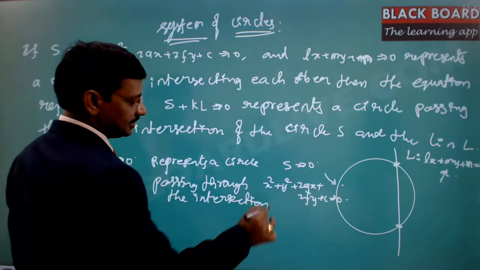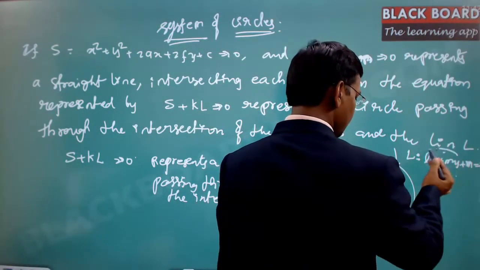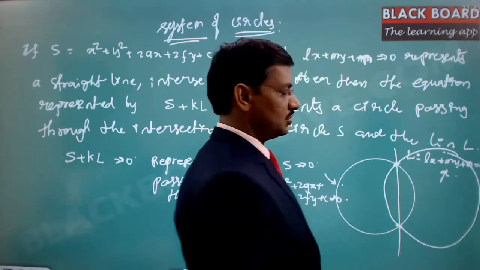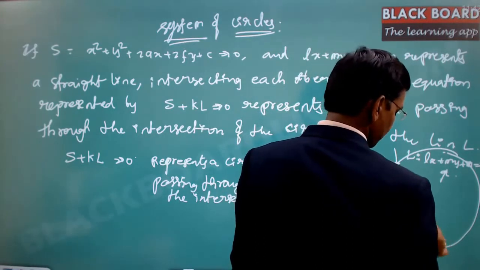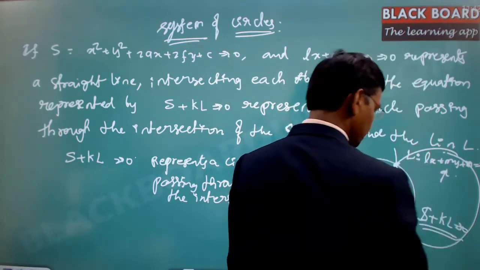So this is the statement. That means that equation is representing one more circle, but passing through these intersection points. So this is the problem statement.